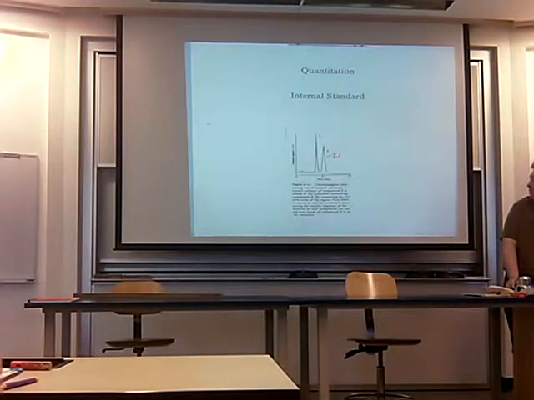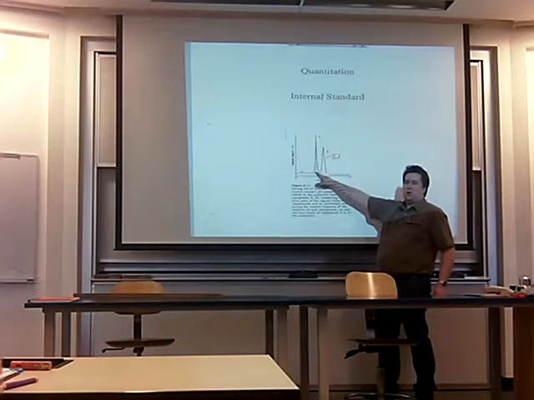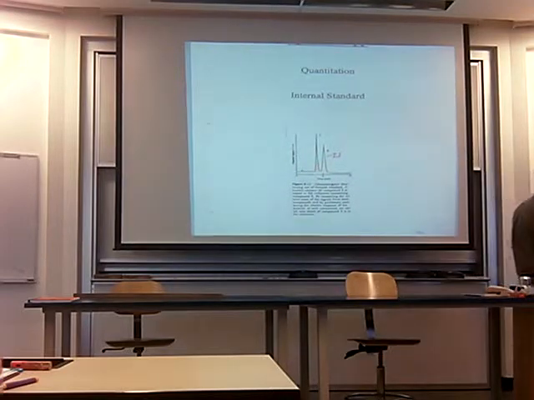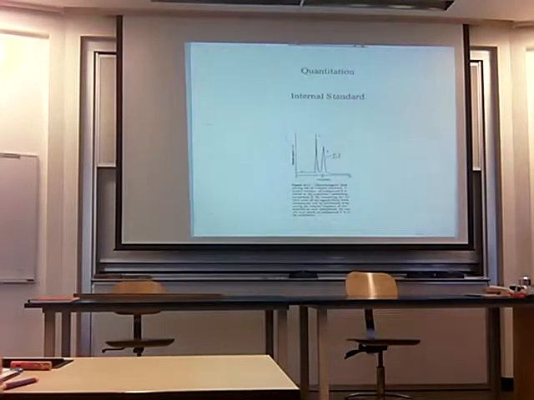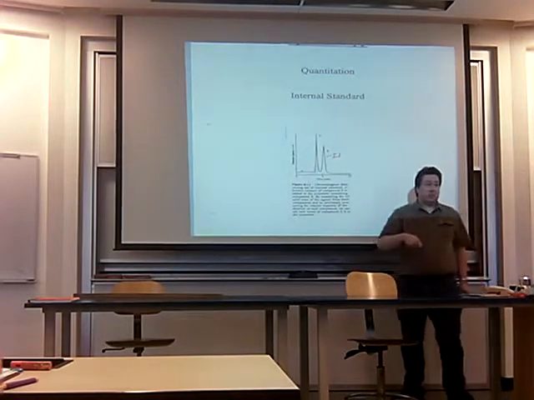Or, very commonly, they're the same compound. The internal standard is isotopically labeled. So it's got deuteriums on it instead of hydrogens, for example, or it's got oxygen 18 instead of oxygen 16.